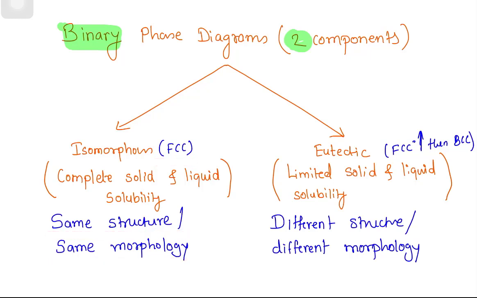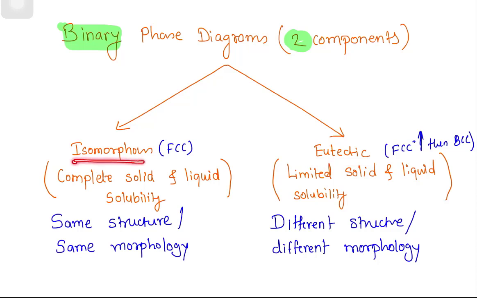In the eutectic phase diagram, there is a limited solubility of liquid and solid. It means that, as I told you, if you take a beaker of water and add sugar into that, sugar will not get completely dissolved after a certain limit, that we call the solubility limit. So in a eutectic system we always have a solubility limit or solubility curve.